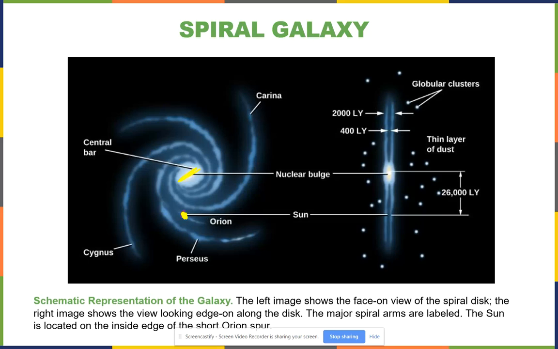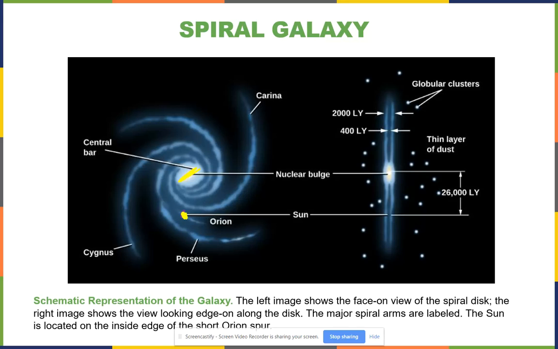Maybe I should have gone with the purple there. Yeah, you can see it. That, for once, you can see better up there than on my screen. So what we have is a barred spiral galaxy. And then we have those spiral arms. How many spiral arms do you count? Four plus the spur.